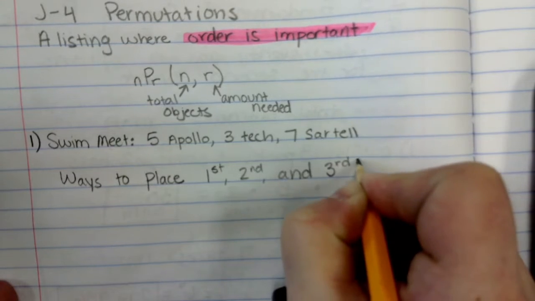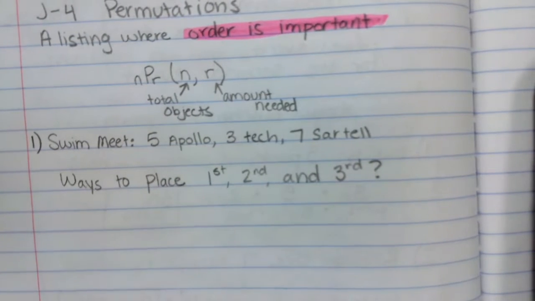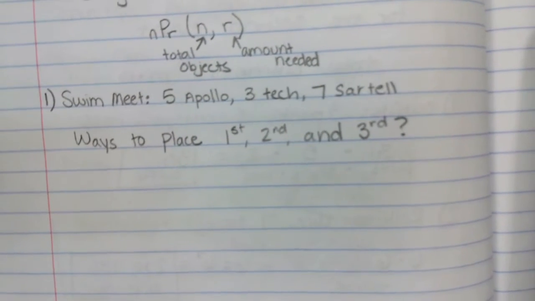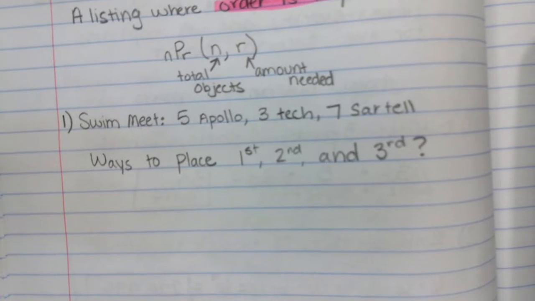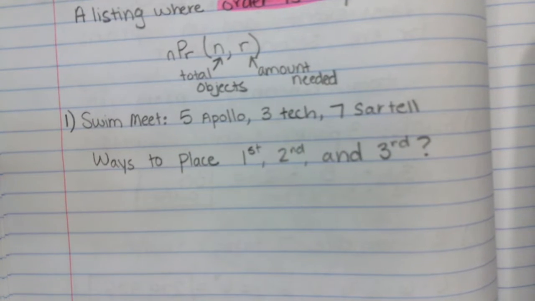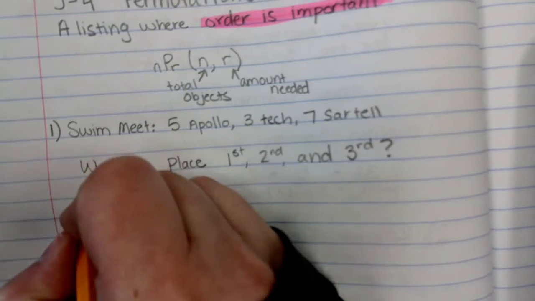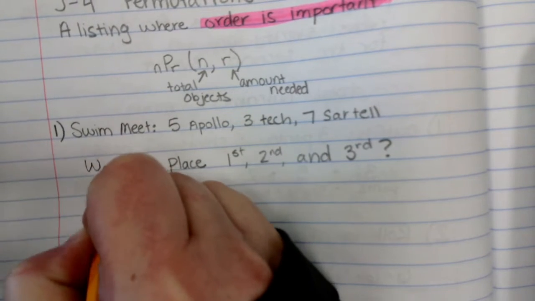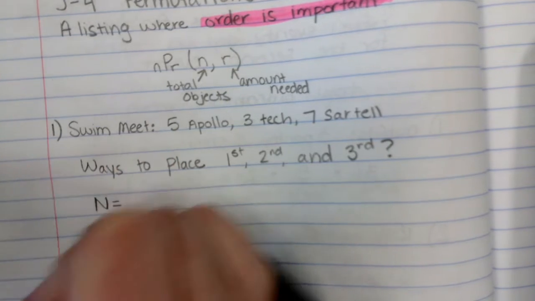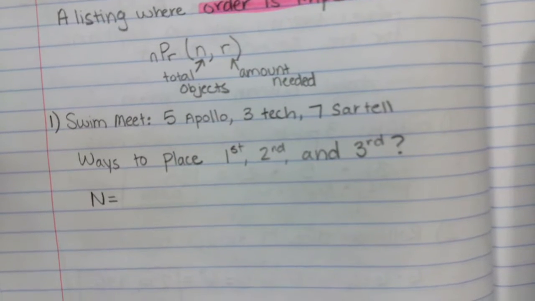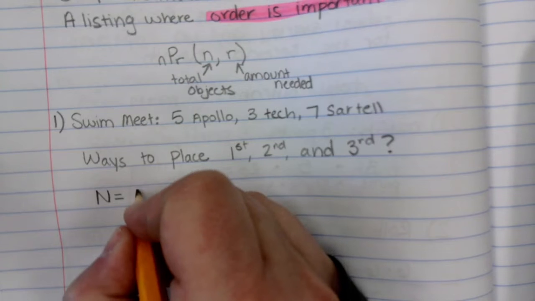So for our permutations, we really just need to know 2 numbers. Our first number, n, is our total objects. So how many is our total number of swimmers we have? 15, 5 plus 3 plus 7. So we have 15 swimmers.